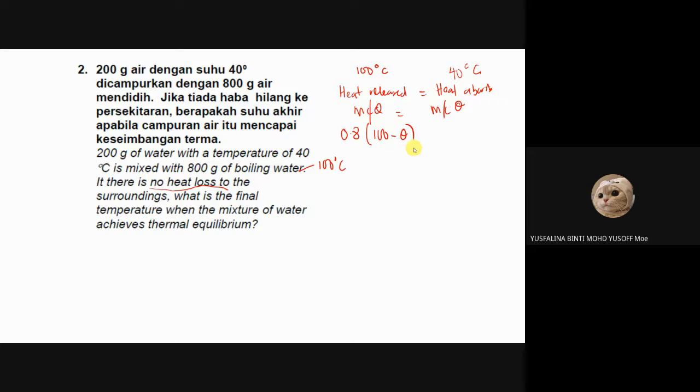For the heat absorbed, the mass is 0.2. Again, you just ignore the C because they use the same material. The theta here, the 40 degrees Celsius will increase, so the final temperature is bigger than the initial temperature. You want to find the final temperature, so it is theta minus 40. Can you understand?